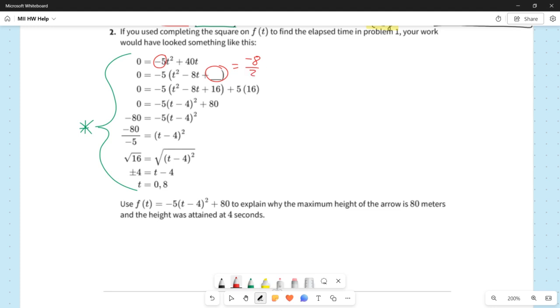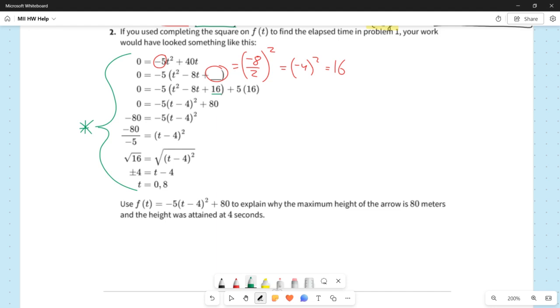We want half of that, and then we square the result. So negative 8 divided by 2 is negative 4, and negative 4 times negative 4 is positive 16, and that's where this positive 16 comes from. It is half of the middle term, and then you square the result, and that gives you 16.